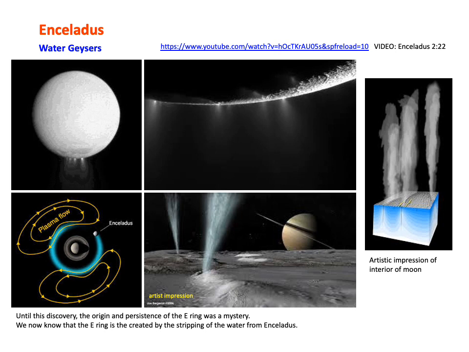Now, you can think about the thermal energy on the Earth and what's going on at Yellowstone National Park, but this is a situation where these geysers are so powerful that they go hundreds to thousands of kilometers out and escape into space and then get trapped, through magnetic processes, into this gigantic E ring.